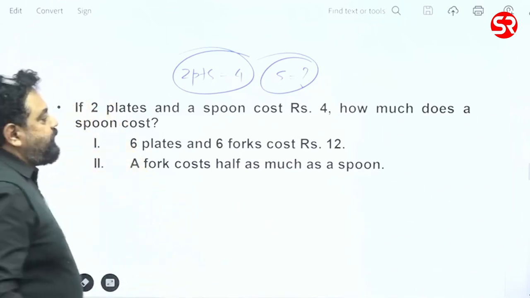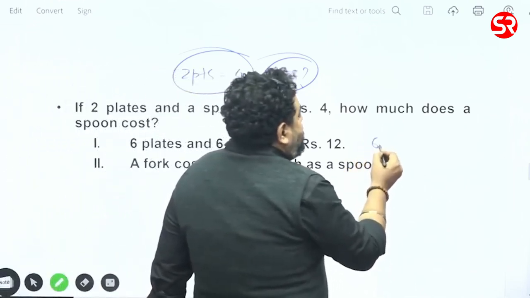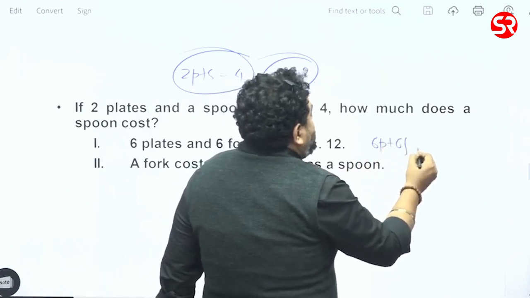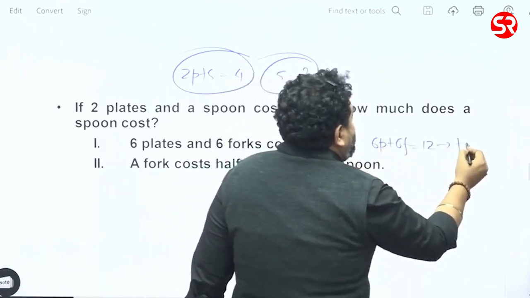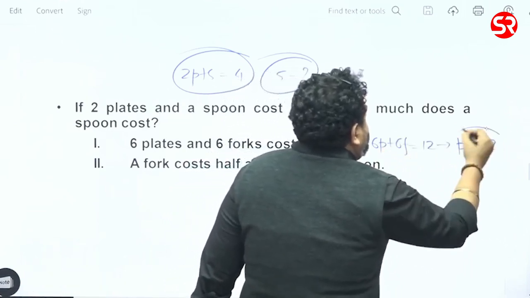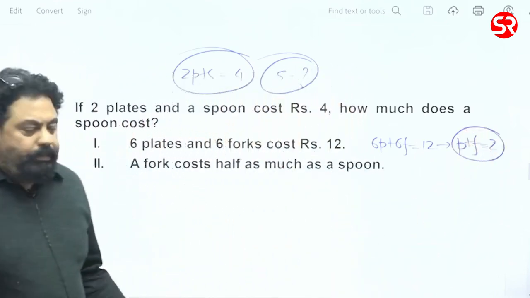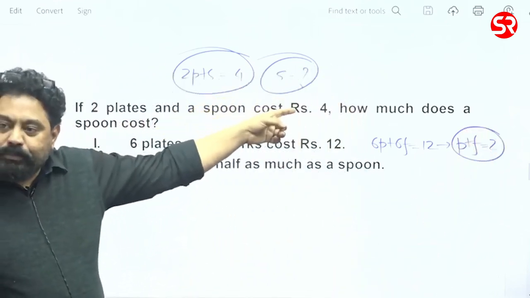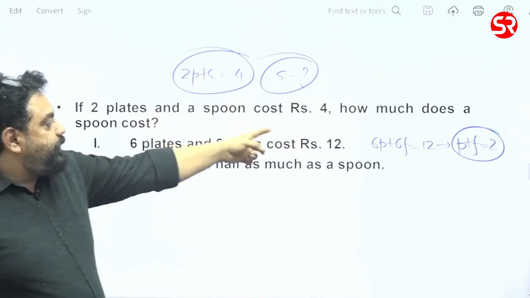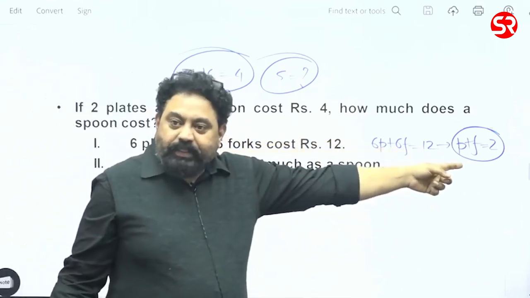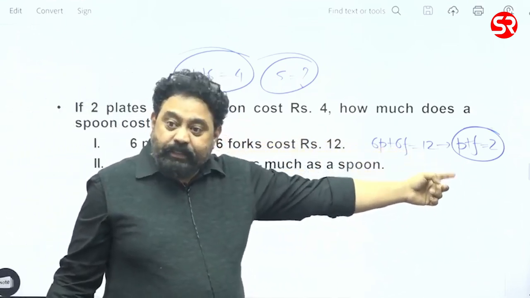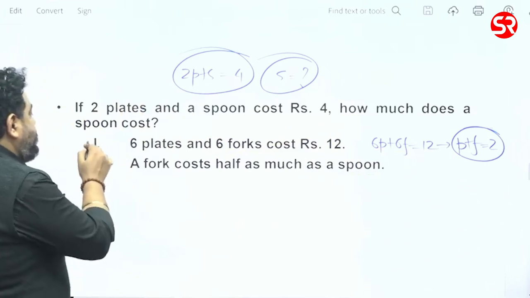First, 6 plates and 6 forks. 6 plates plus 6 forks is equal to ₹12, which means a plate plus a fork is equal to ₹2. But this won't give you value of spoon. Because you have 2p plus s, you have p plus f. There is no relationship between f and s. So first is not giving you answer.